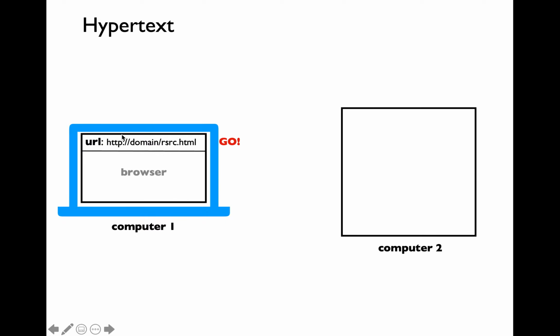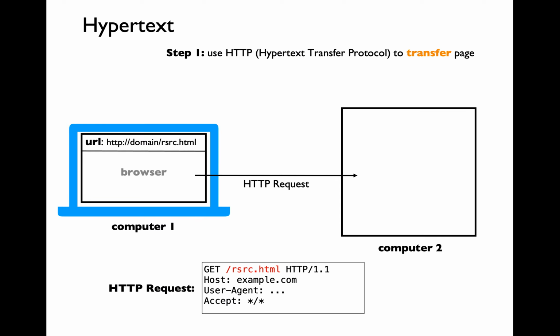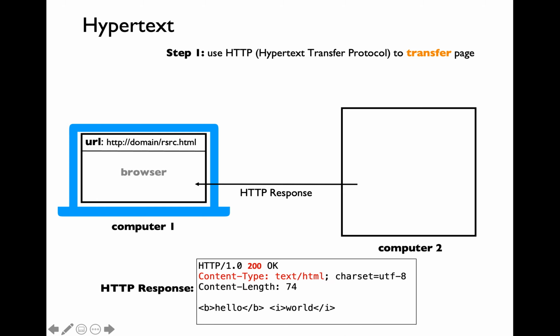Your laptop generates an HTTP request to the remote computer, which is identified using the domain name included as part of the URL. As part of your HTTP request, you'll mention what resource you're looking for from the remote machine, and your remote machine is going to process the HTTP request and send an HTTP response which contains the content of the resource file. In this particular example, that's going to be the HTML file format.